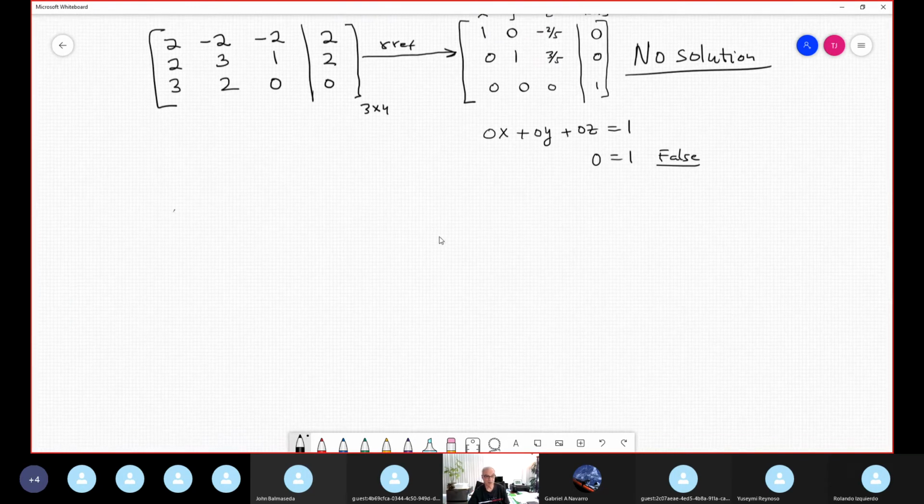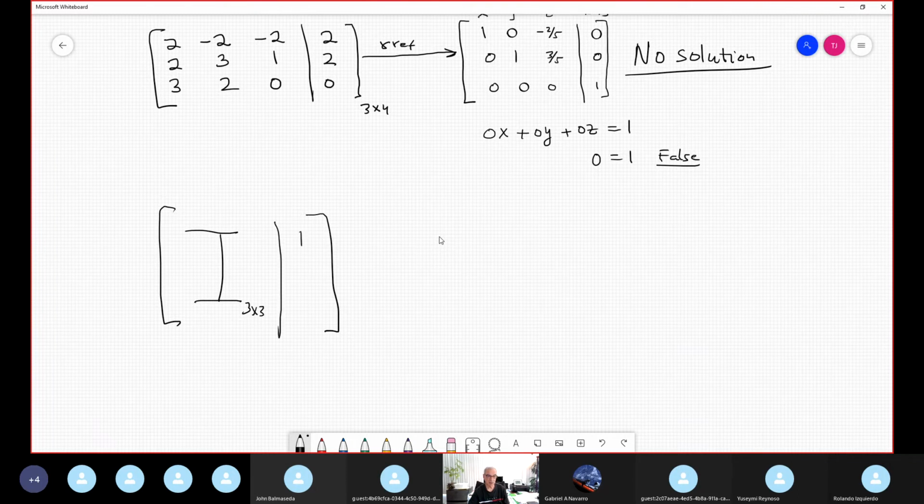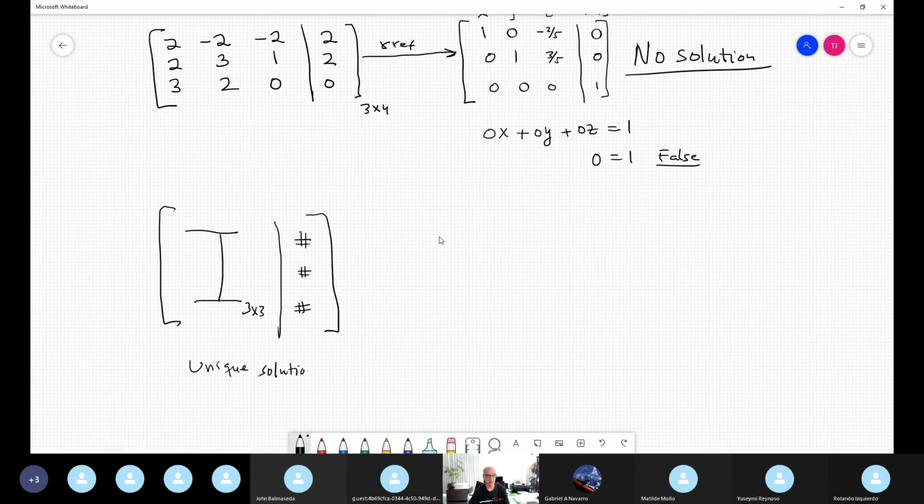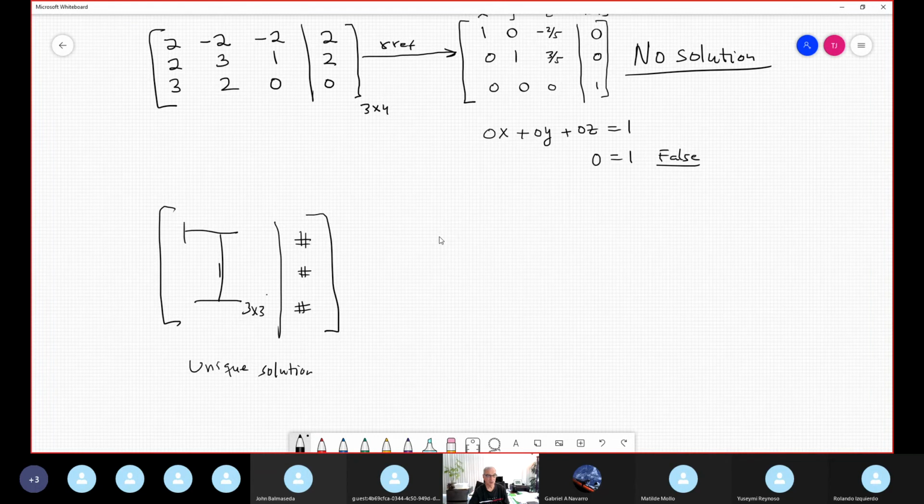One of the most common is that we have the identity matrix, maybe 3 by 3 or 4 by 4, and we have the right-hand side numbers. Because you have a unique solution. And remember, the identity matrix has 1, 1, 1, and the rest is 0.